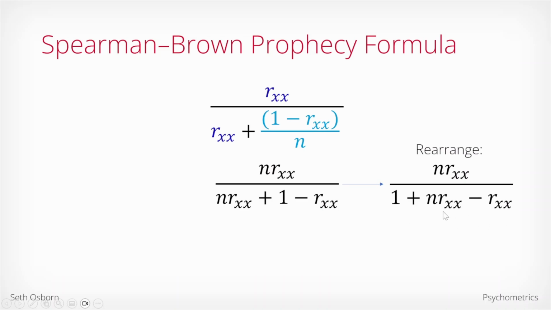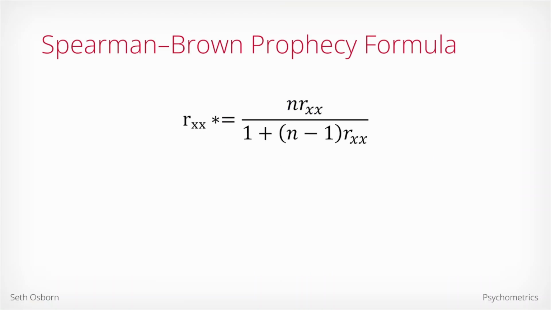Now I'm going to factor out this Rxx from both of these terms, and we are left with this formula, which is the Spearman-Brown prophecy formula. So their formula is algebraically equivalent to what I would argue is this more intuitive, albeit clunkier, version.